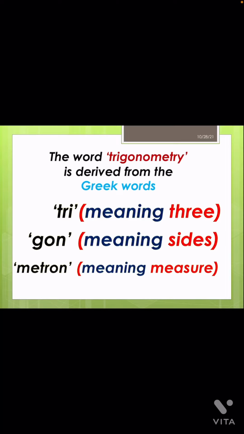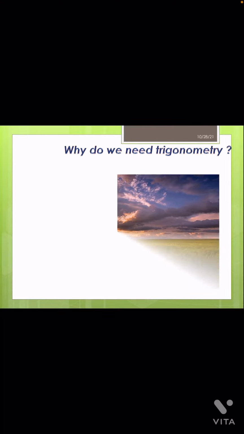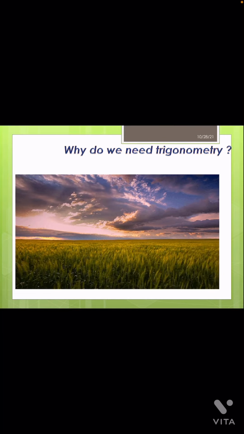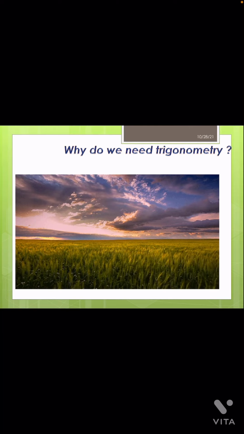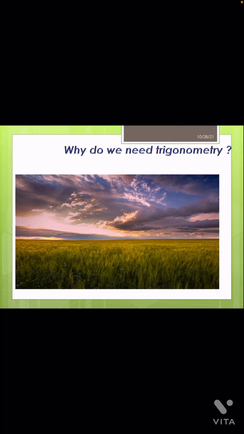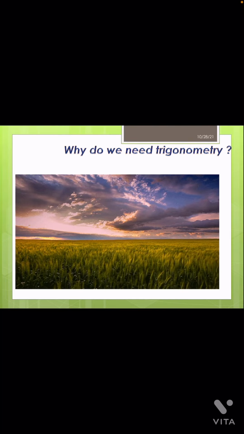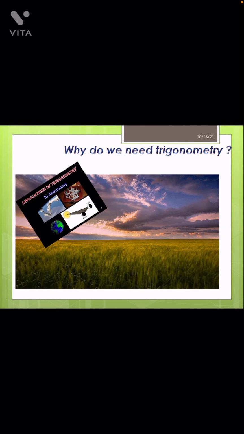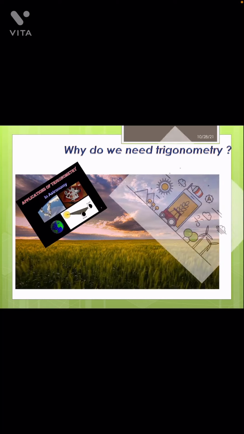Do you know why we need trigonometry? I'll explain with an example. Food production, that is agriculture, depended largely on the weather, you know. And a factor determining weather is the Earth's revolution around the Sun. To determine this correctly, we need to determine the position of planets and stars.